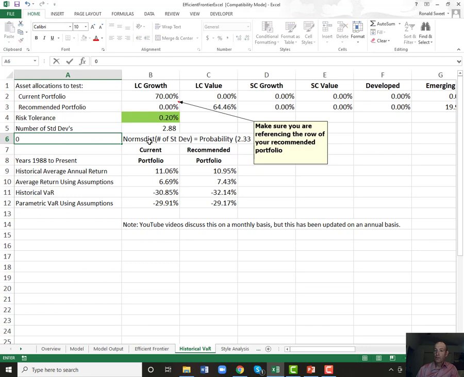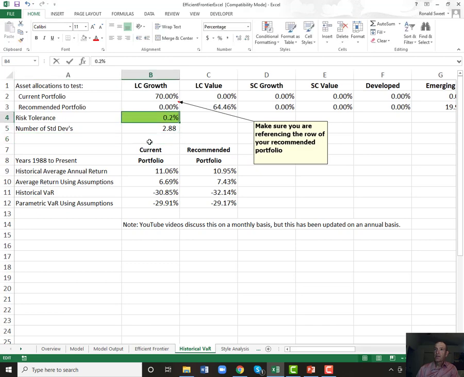So that's the NORM.DIST function. This function here is NORM.S.INV. You have to do minus because of what side of the tail we're looking at, but NORM.S.INV for your probability. And so you can see a 1% gives you that 2.33, the 5% gives you the 1.64. I'm going to use 1%.